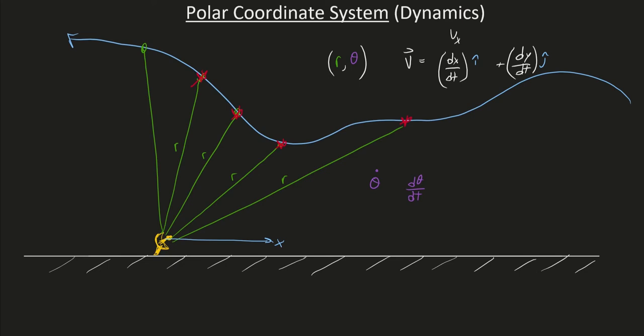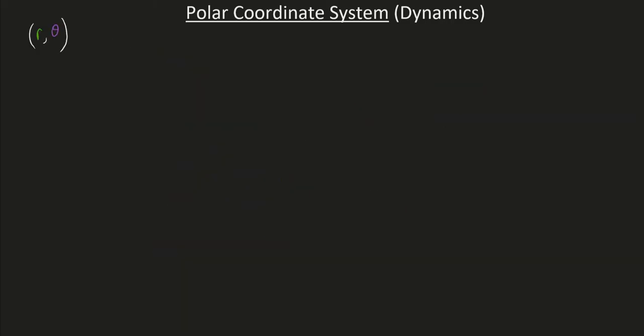Now, we're going to do the same thing with this polar coordinate system, but of course, we won't have this. We're going to have some new stuff in terms of r and theta. So let's talk about how an object can have a velocity vector, but in terms of r and theta.